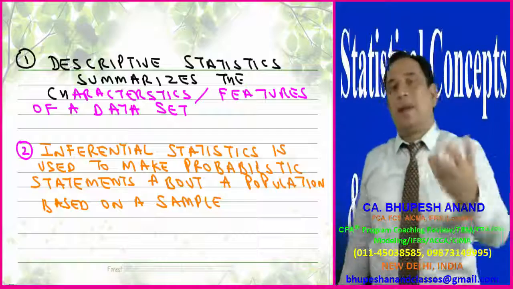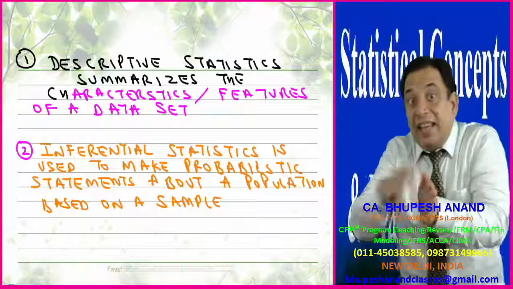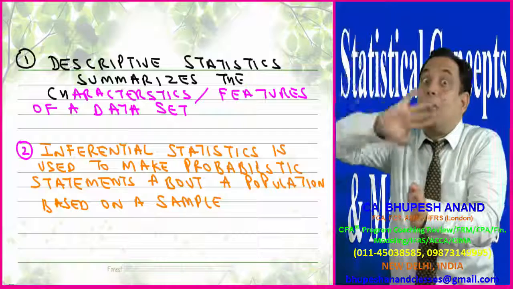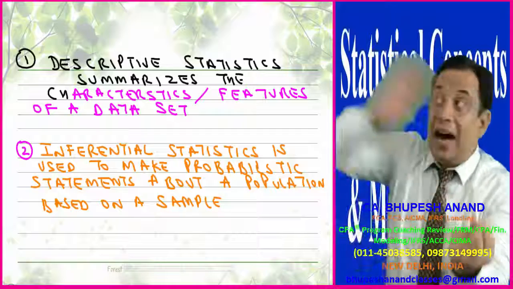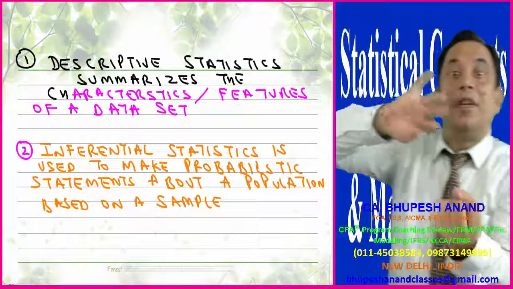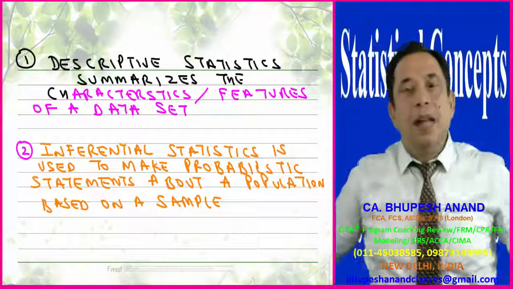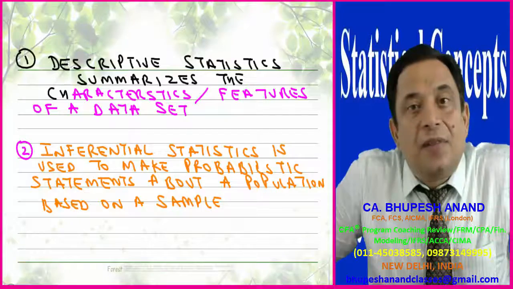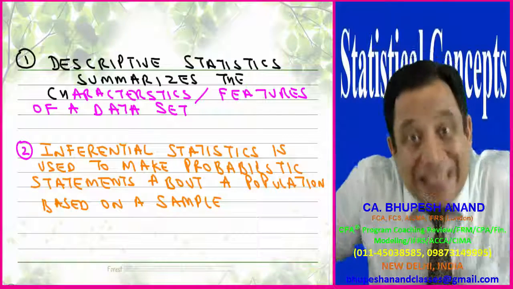When I say descriptive, it talks of the present tense or the past tense. But when I say inferential, it means it is probabilistic statistics. On the basis of descriptive statistics, I am analyzing the future, stating something for the population. For example, I have calculated that CFA level 1 examination students on average give 2 hours a day as self-study.